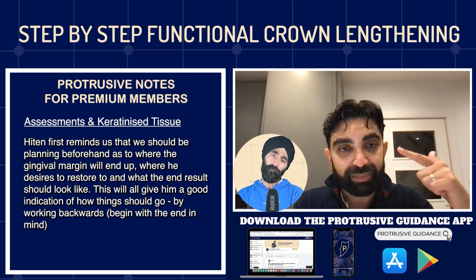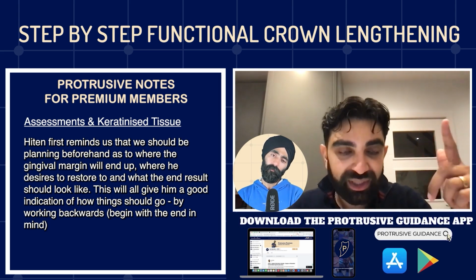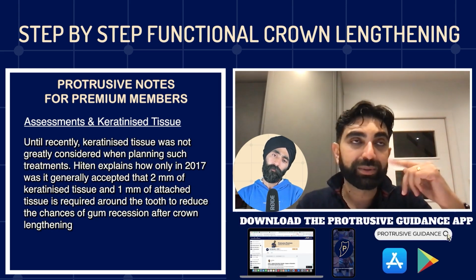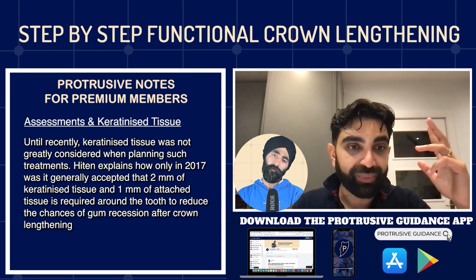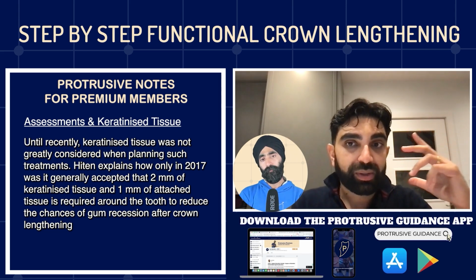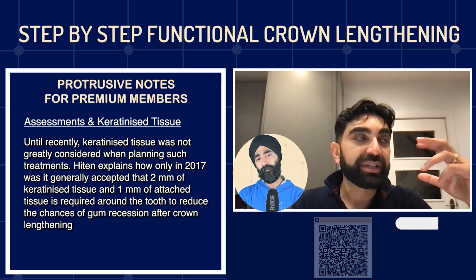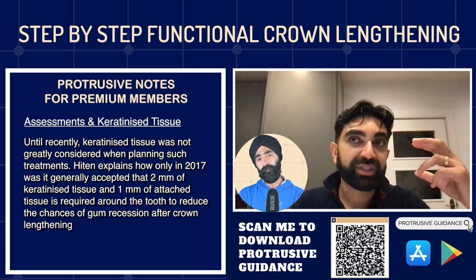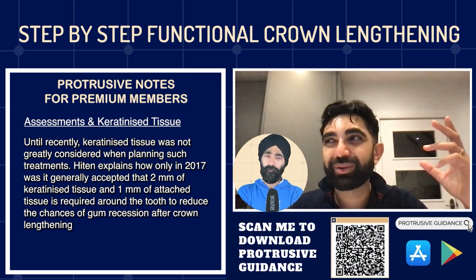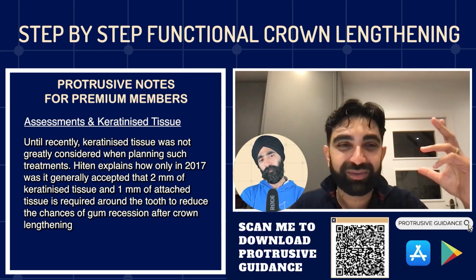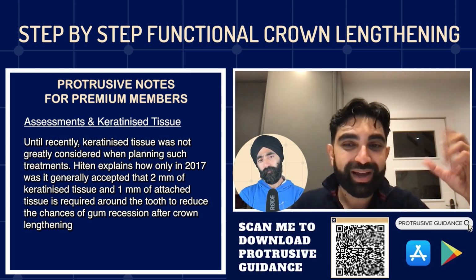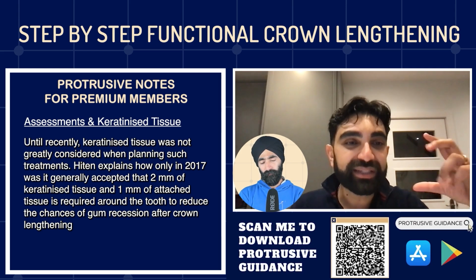When you're doing that preoperative assessment, one of the other things that is quite important is keratinized tissue. Until recently, as periodontists, it's been heavily debated how much keratinized tissue you need around a tooth.